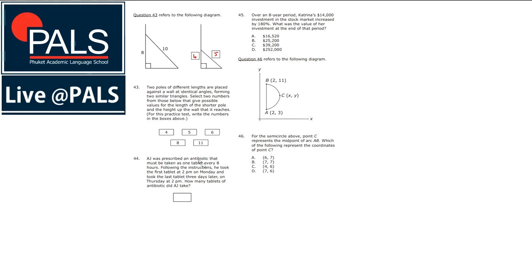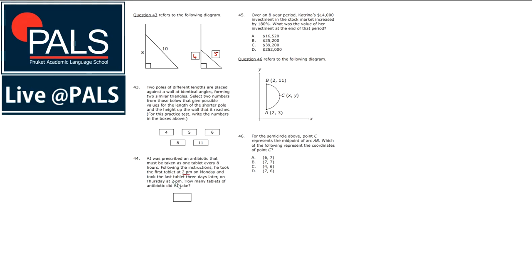AJ was prescribed an antibiotic that must be taken as 1 tablet every 8 hours. Following the instructions, he took the first tablet at 2 p.m. on Monday and took the last tablet 3 days later on Thursday at 2 p.m. How many tablets of antibiotic did he take?